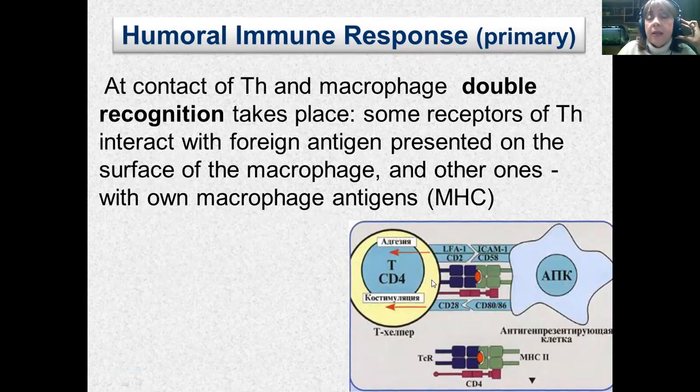The T helper recognizes both types of antigen at the same time. Only if it meets both types of antigen can it be activated. You know that the immune system can differentiate own antigens and foreign ones, and this property is at the level of T helper cells.